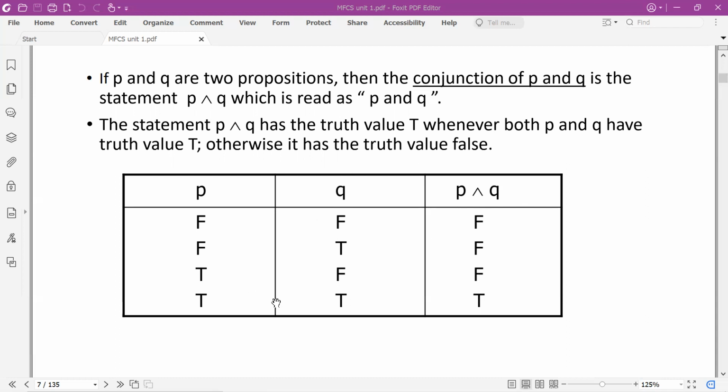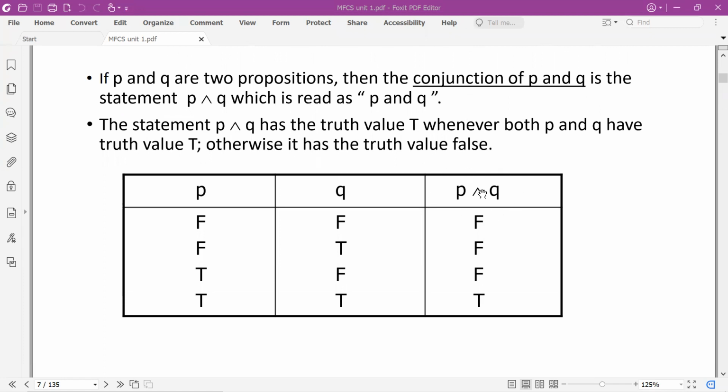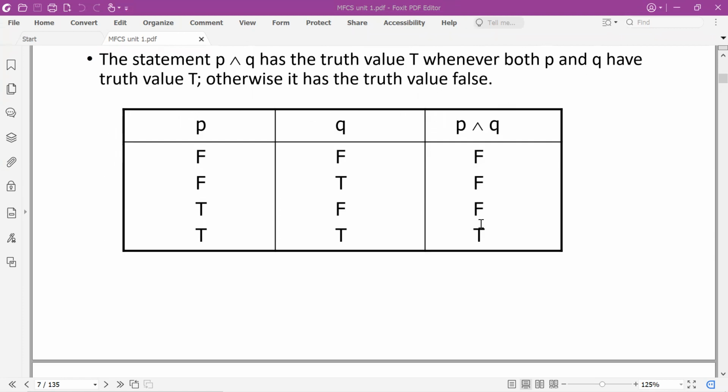But only when both P and Q are true, in the last combination, the output will be true. Only in this case, when both inputs are true, will P ∧ Q be true. This is also known as conjunction. We can read this as P conjunction Q.